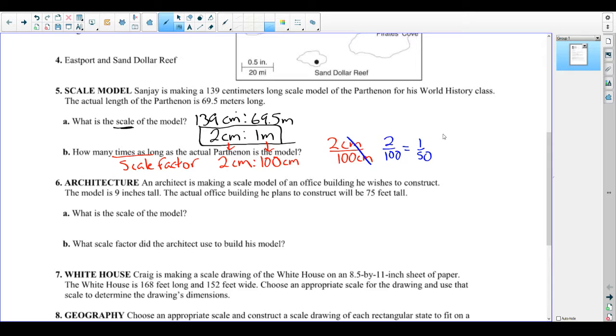Or if we want to put that in words, we can say the model is 1/50th of the actual, which is what the question is actually asking for. We can also say, how does the actual compare to the model, which is the same ratio, just flipped around, which is why we said the actual Parthenon is 50 times bigger.